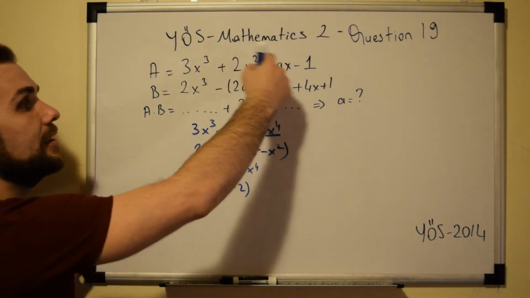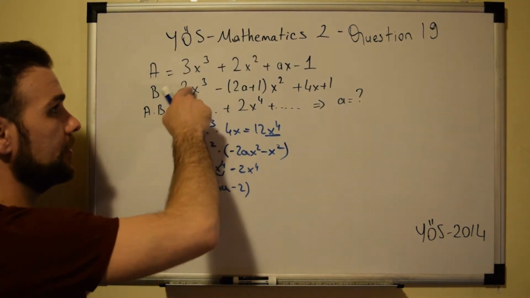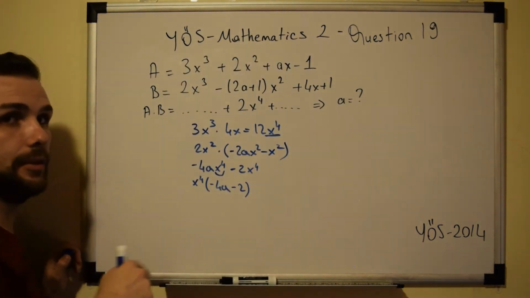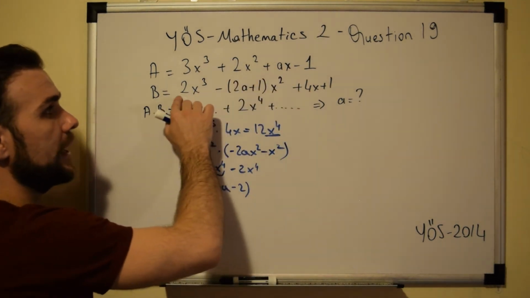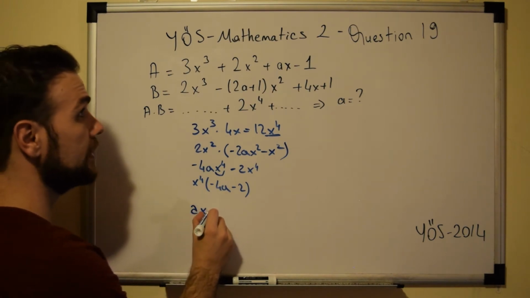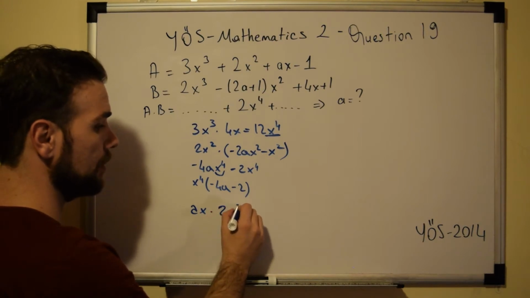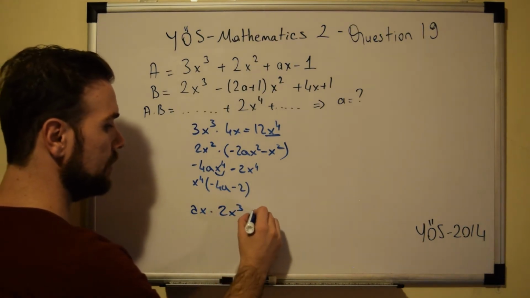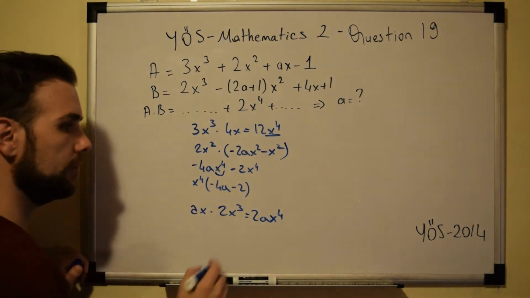Now, which is the third variable of A that, when I multiply it with another variable from B, will give me x to the power of 4? That is ax times 2x to the power of 3, and that will be 2a times x to the power of 4.